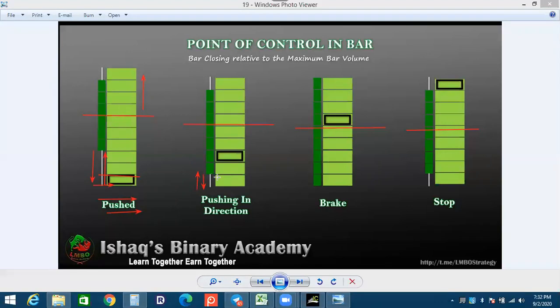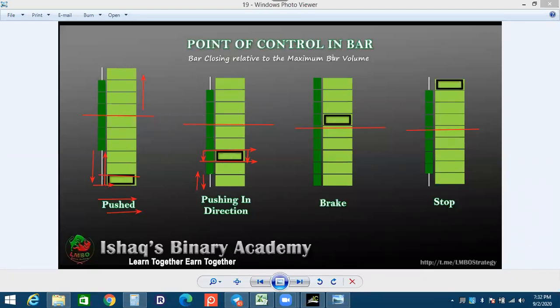Pushing is when the market volume makes a high at the bottom. The sellers dominate in this area, but the buyers dominate more than the sellers. Then they push this area, break all the levels and go up. So this is pushing in the direction.